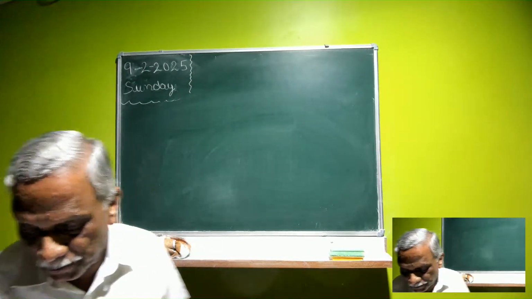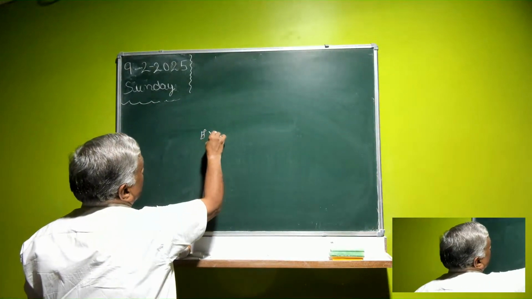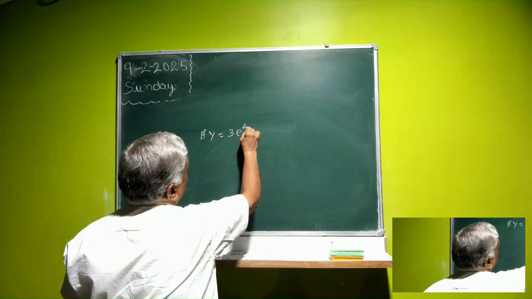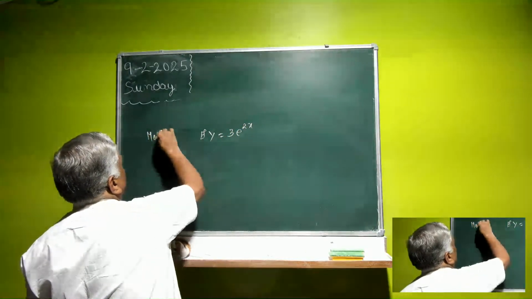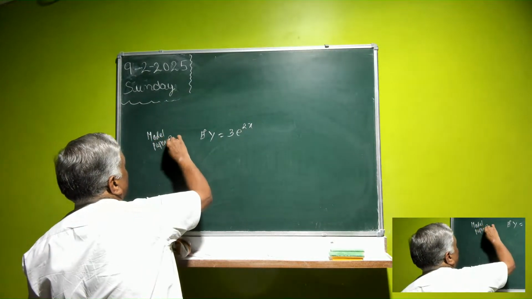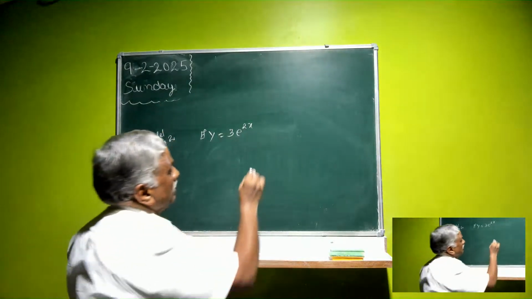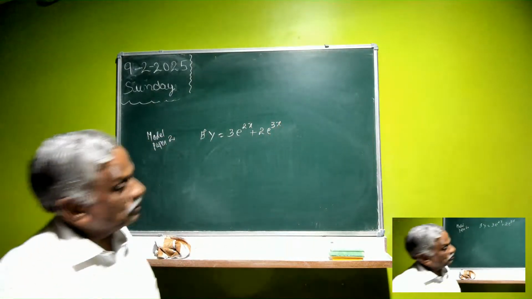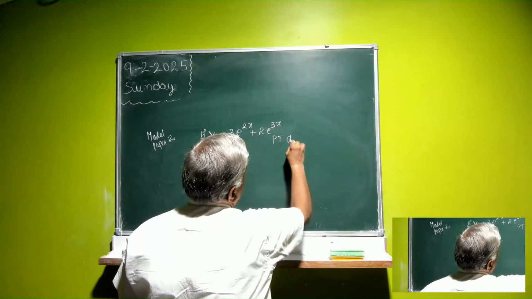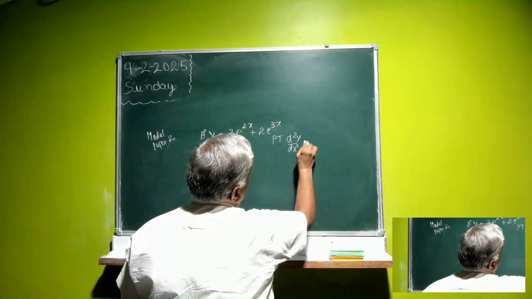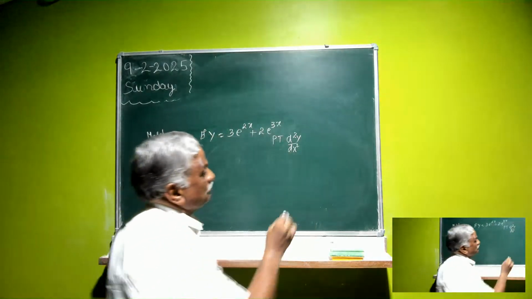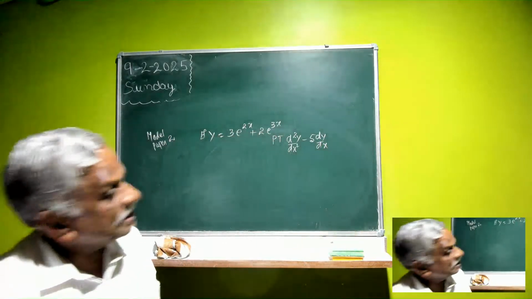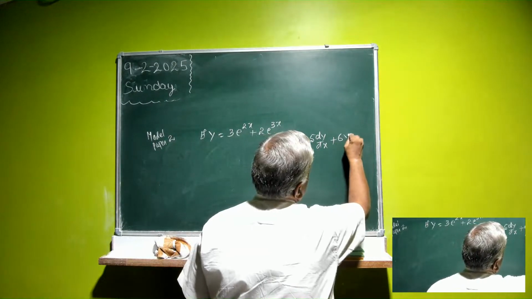Now, model paper 2. If y is equal to 3 e to the power of 2x plus 2 e to the power of 3x, prove that d square y by dx square minus 5 dy by dx plus 6y equal to 0.